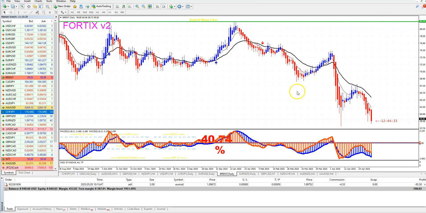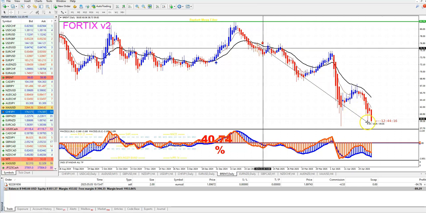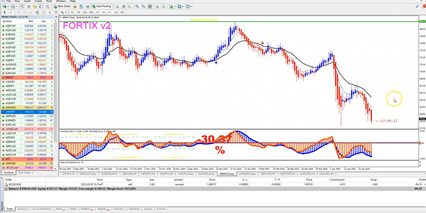But the second option is to wait for the next opposite Fortix indicator. In that case we would keep this trade until here. We are in very nice profit, about 1000 pips.